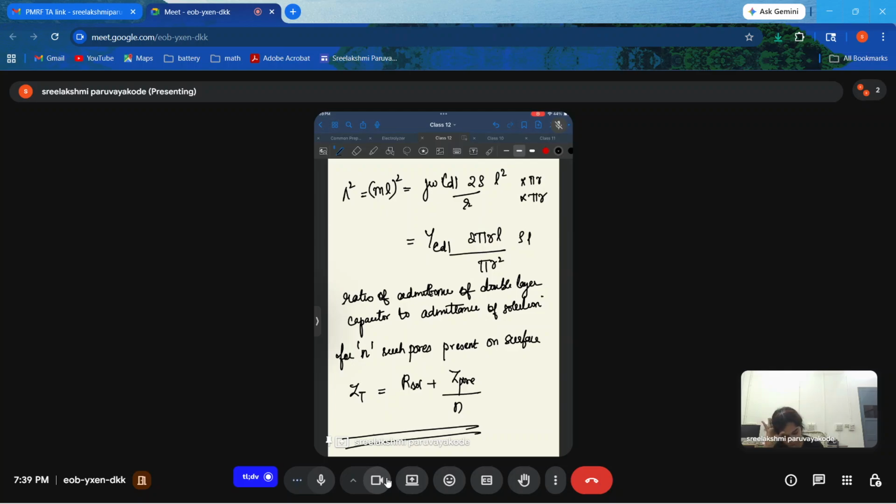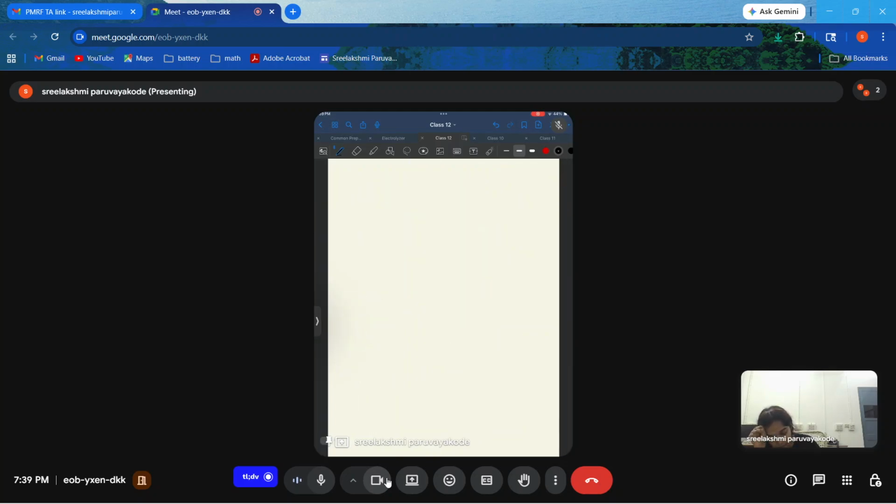So it can be something like this. This is its characteristic frequency. So if I write the characteristics, I can say in the complex plane Z_T appears as a 45-degree line in high frequency limit and a capacitive line in low frequency limit.